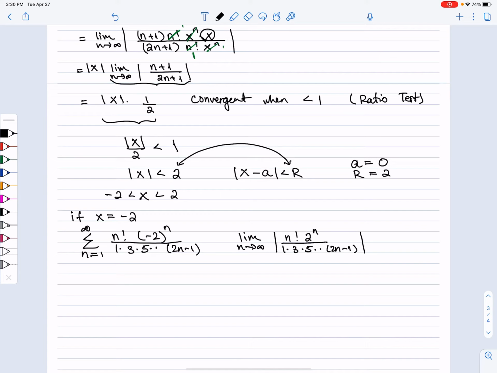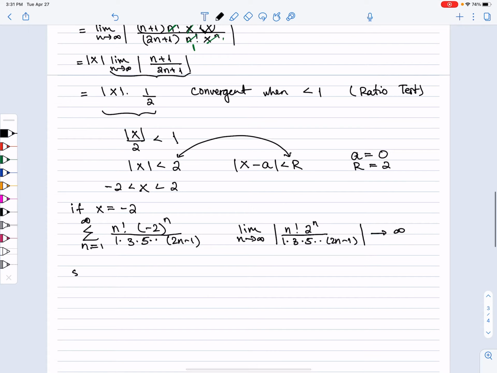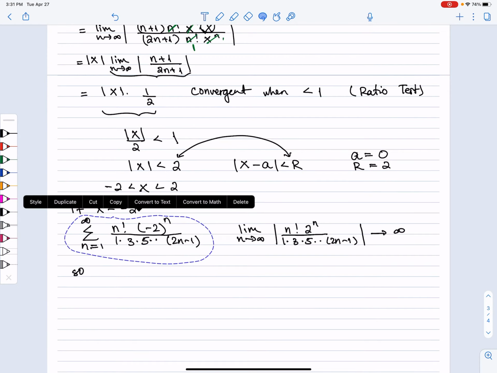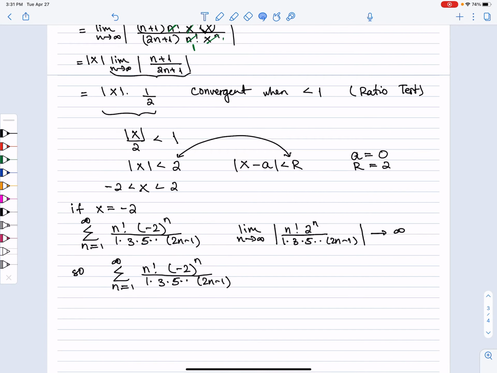And when you take the limit, that limit is going to go towards infinity. So what does that say? That says that our series is divergent by the test for divergence.